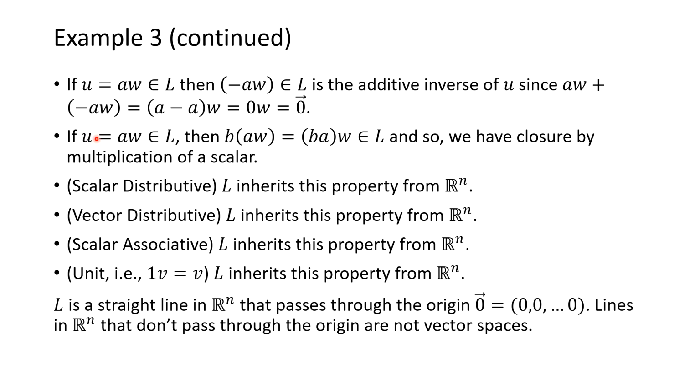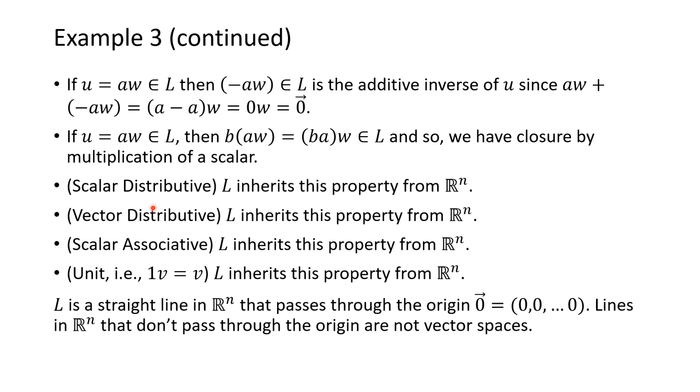If you take an element of L, which is of the form AW, then we can multiply that by any scalar. Using the distributive law here, we get BA times W, and then again, that's just a multiple of W, so that's also in L. So we have closure by scalar multiple.